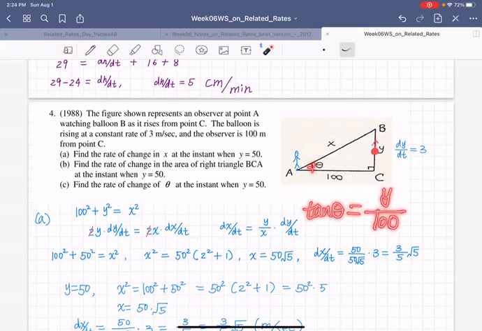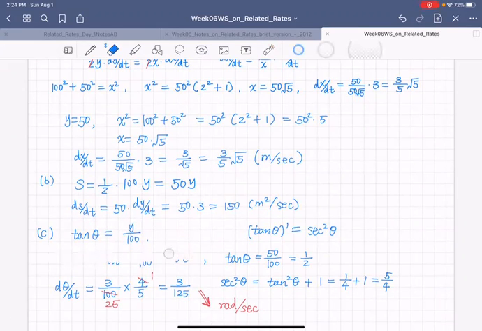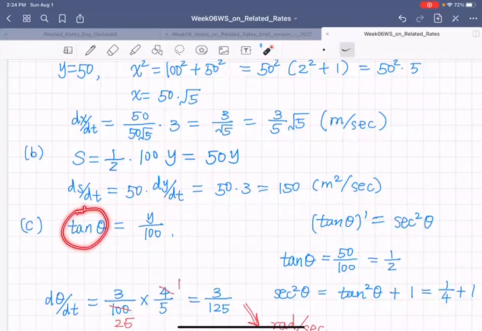Y over 100. Very good. Tangent theta is y over 100. So we are going to do the derivative on both sides using the chain rule, okay? Tell me this time, what's the derivative for this?